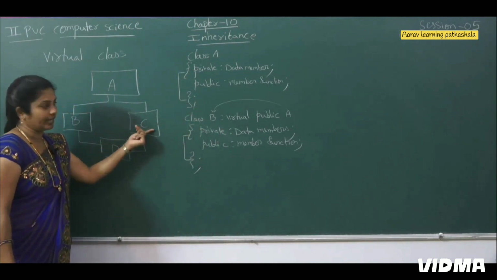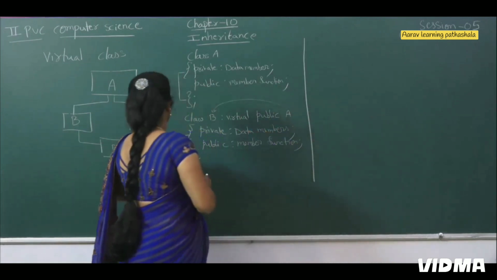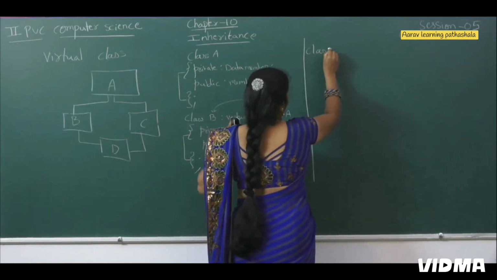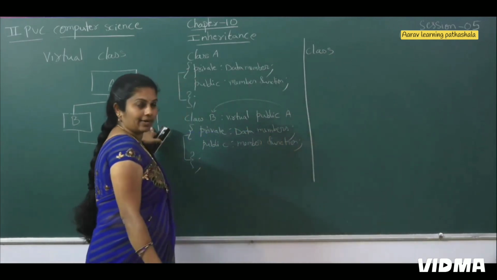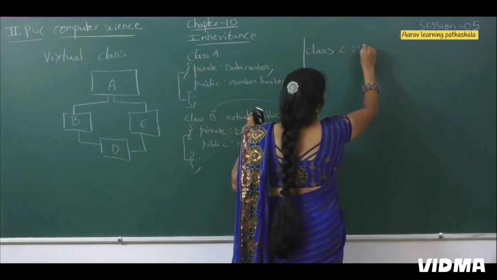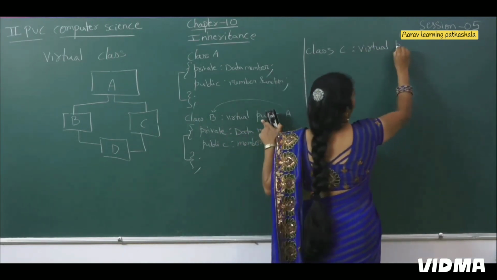Next I want to create one more class called C. Then how to write this one more class? Again class. Here the new derived class is C, colon, next virtual, then public.